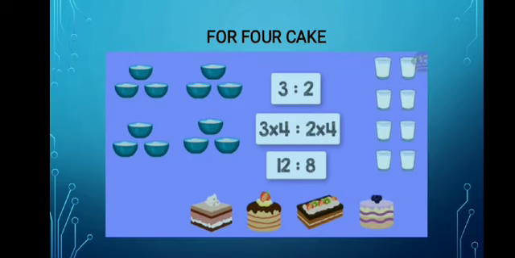So the ratio for making 1 cake is 3:2. 3 into 4 is to 2 into 4, we get 12:8. So 12 bowls of flour are needed for making 4 cakes and 8 glasses of milk are needed. Now we can move to the next problem.